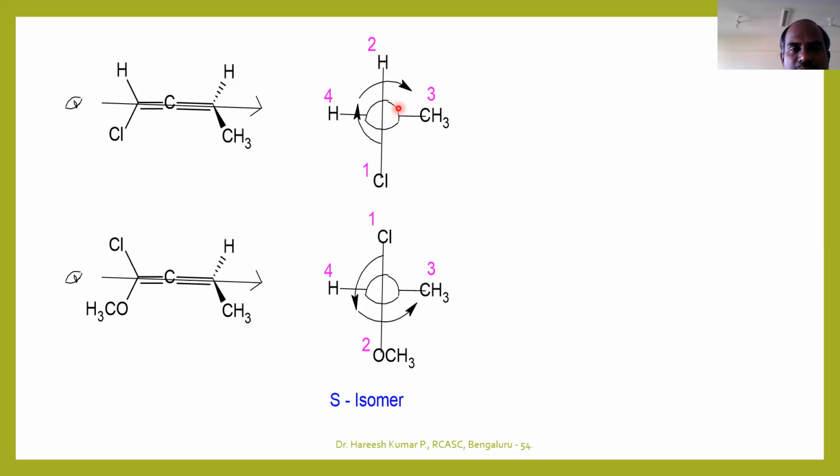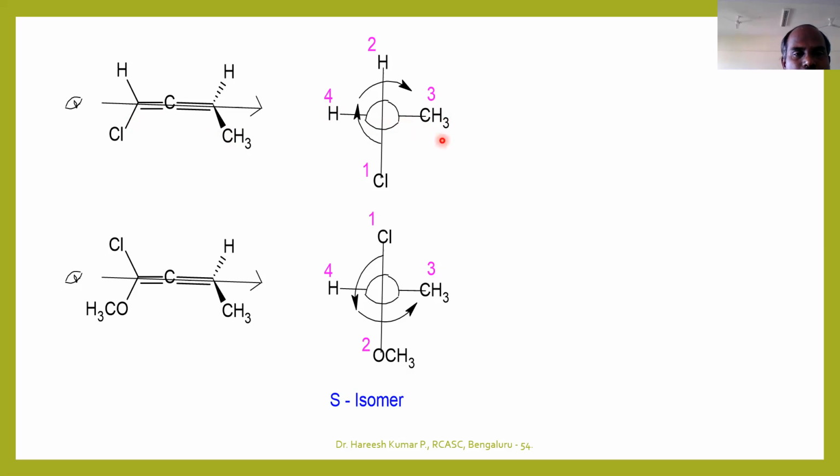A circle represents it, and this group is called the vertical group. So H is this and Cl is this. And these two are the horizontal ones. When you are viewing from this side, H is coming on the left hand side. That is the reason it is left. And CH3 is coming from the right hand side.